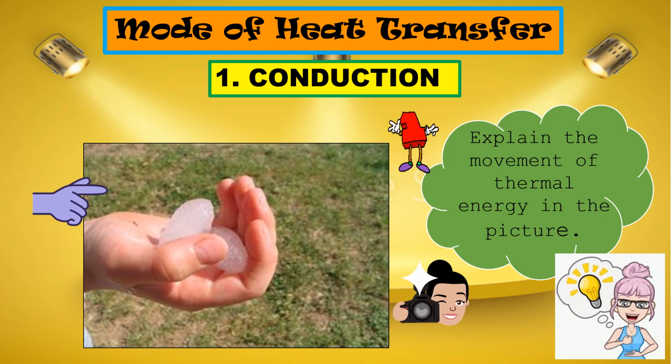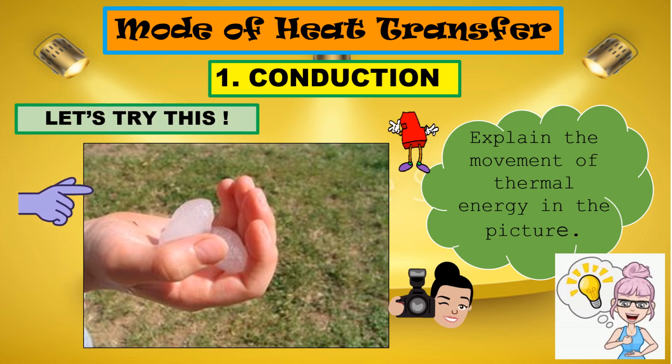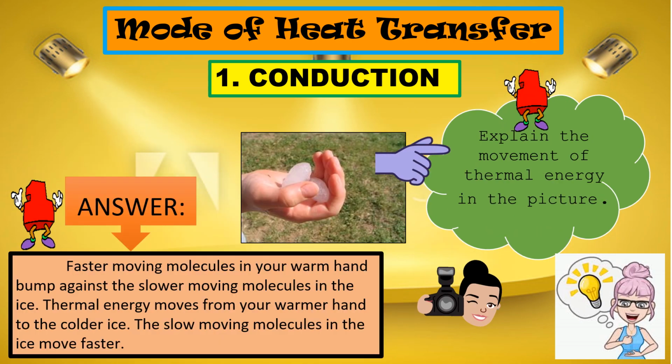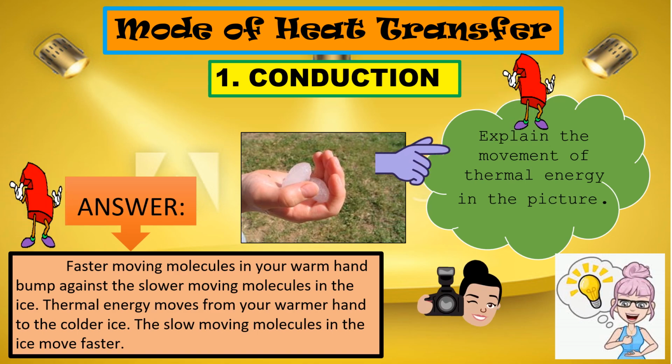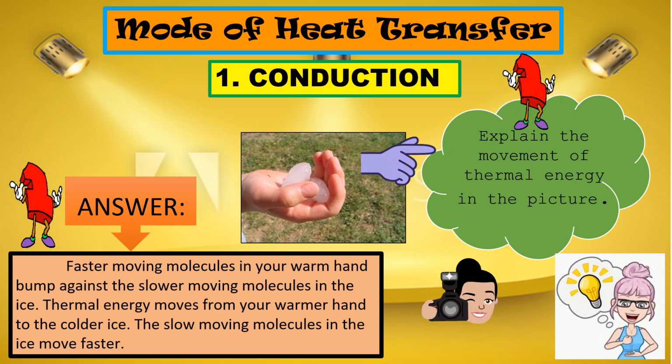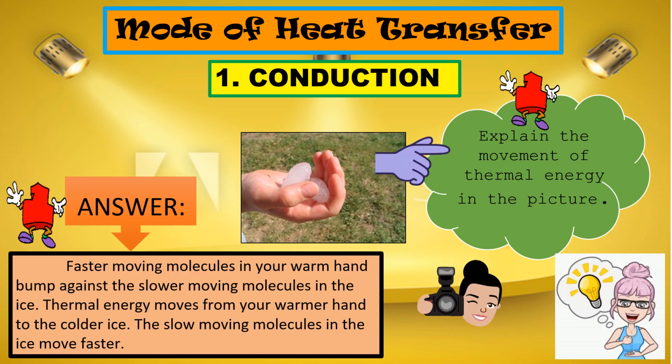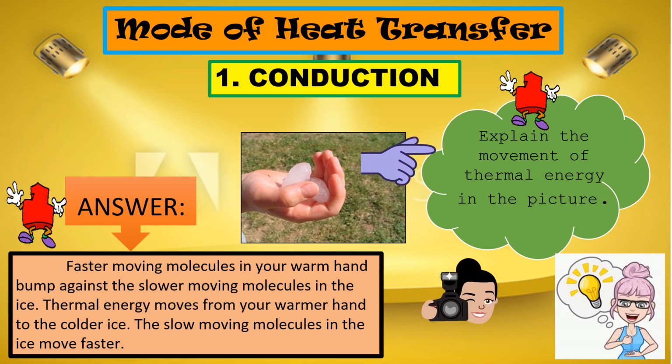In our case, okay, so how can we explain this one? Okay, so our answer is that faster moving molecules in your one hand bump against the slower moving molecules in the ice. Thermal energy moves from your warmer hand to the colder ice. The slow moving molecules in the ice move faster.